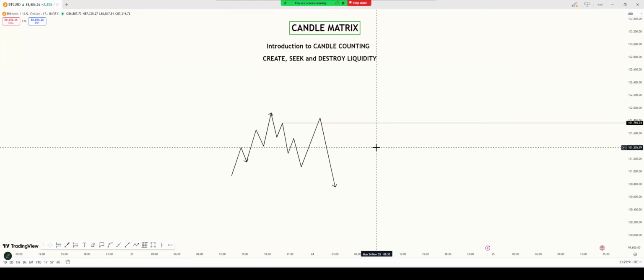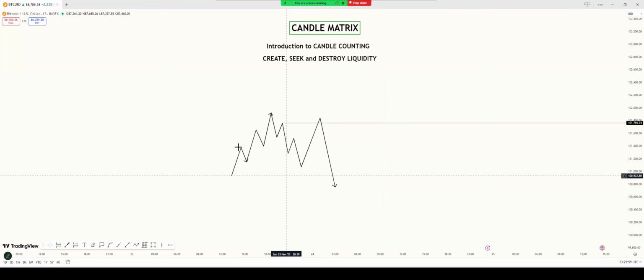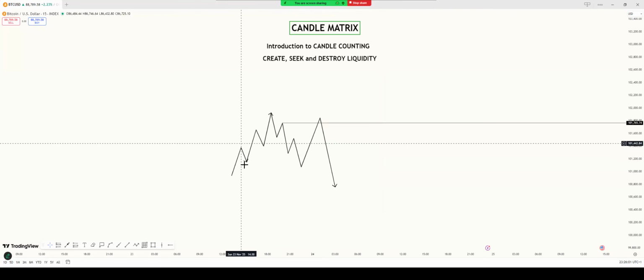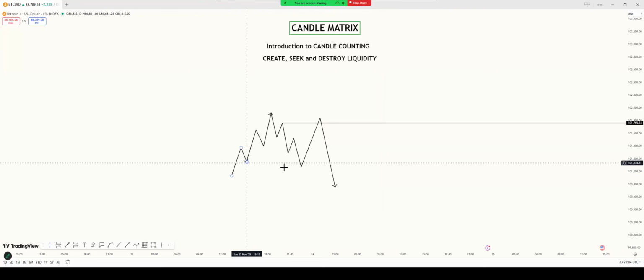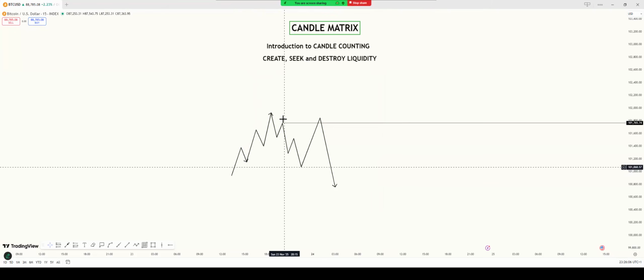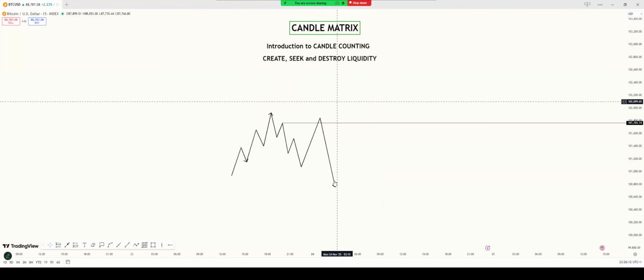So another truth, just to repeat myself and make sure we all understand what I am saying: there is liquidity above every high and below every low. But it's not every high or every low that has the potential of causing price to reverse.